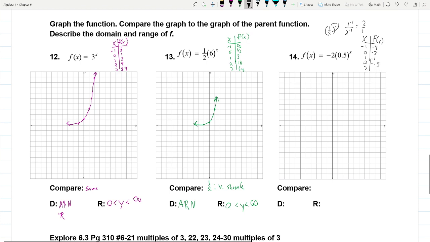And then 3, 0.5 times 0.25 is 0.125, times -2 is -0.25.